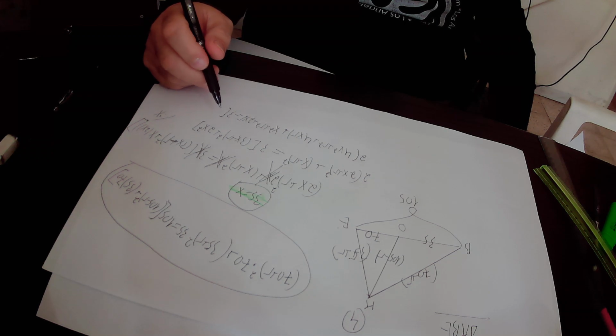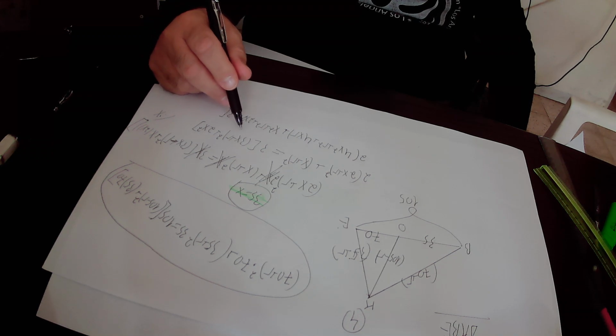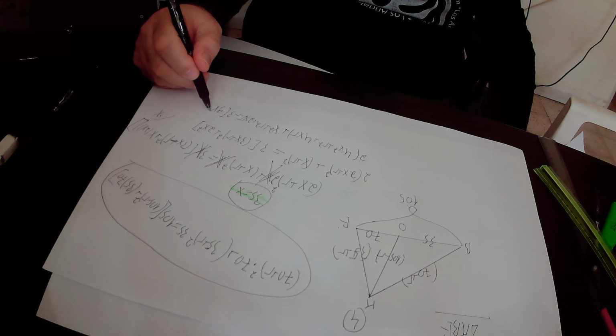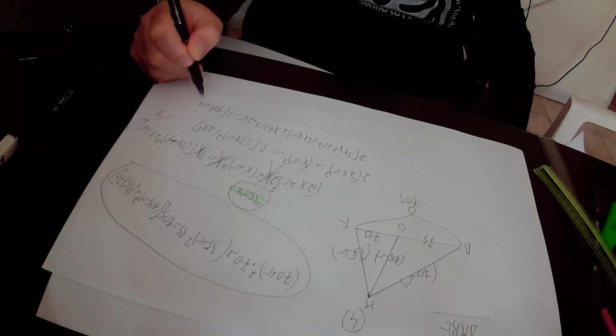So here we have 3, and inside the brackets we have (3x + r)² and (3x − r)². (3x + r)² equals 3x squared, that is 9x squared, plus r squared.